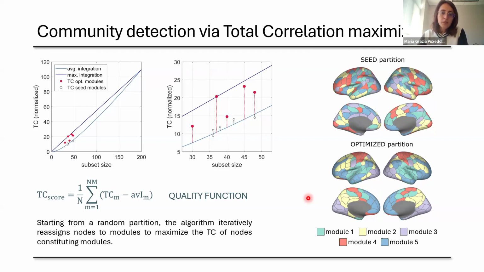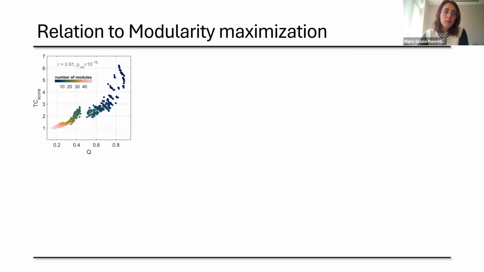So first of all, we compared our new quality function that we call t-score to the state-of-the-art methods, so modularity basically. So we took our functional brain network, we partitioned it using modularity maximization.